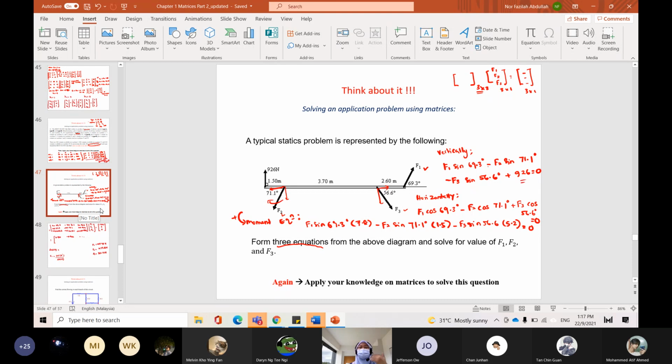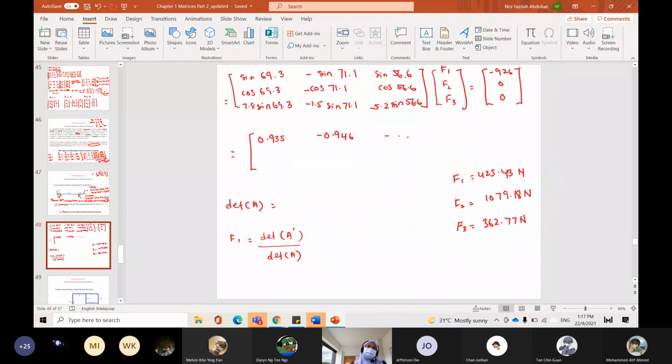This is just general knowledge, to give you some fundamental knowledge about how to solve engineering problems using matrices.